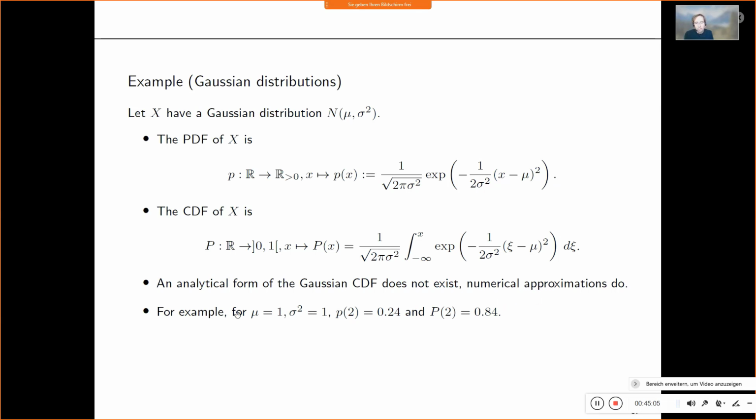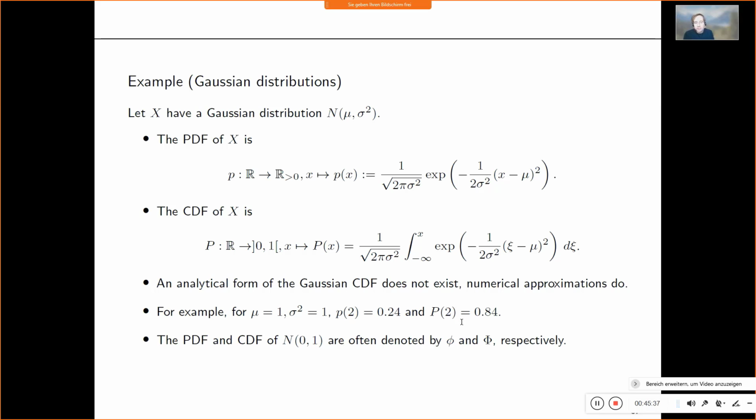So for example, if you have a Gaussian with mu parameter 1 and variance parameter 1, and you look at the CDF value at 2, that's referring to the probability that this Gaussian random variable takes on a value equal to or smaller than 2, and that's 0.84, so associated with high probability, or more than 80% probability if you want to use very colloquial language.